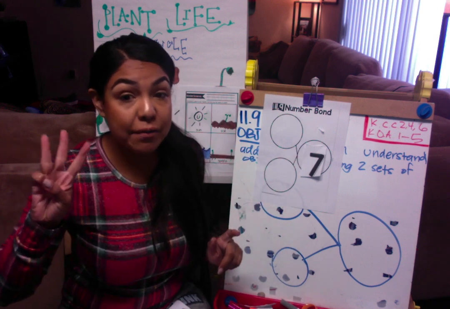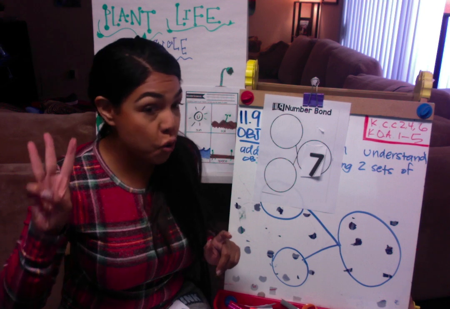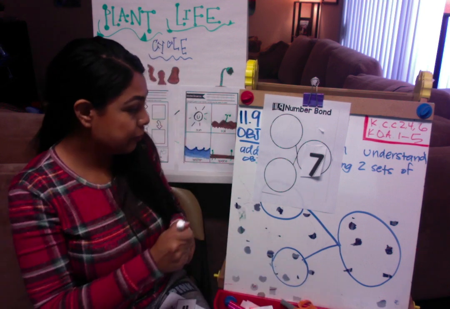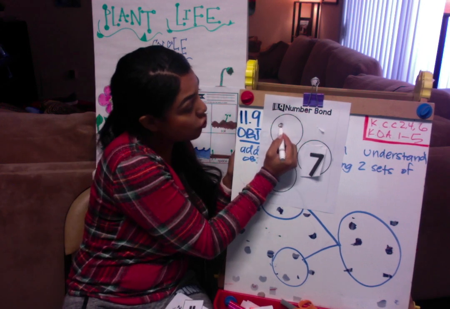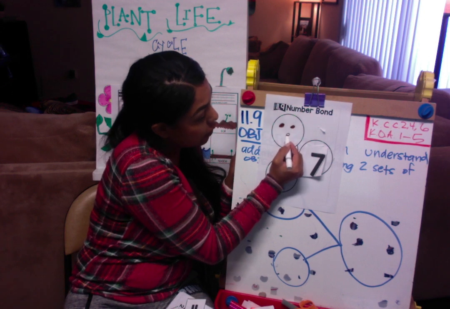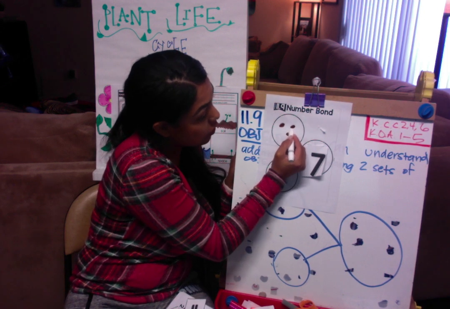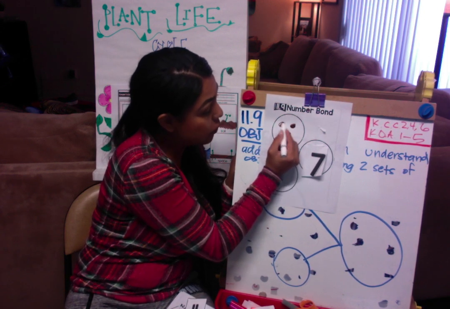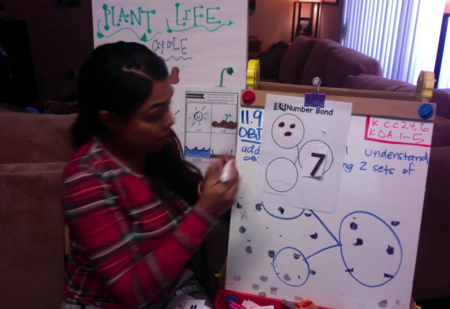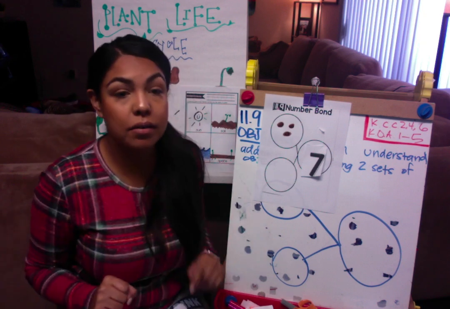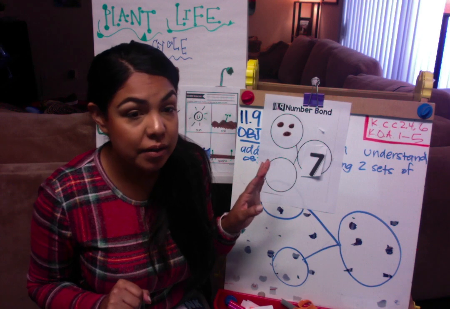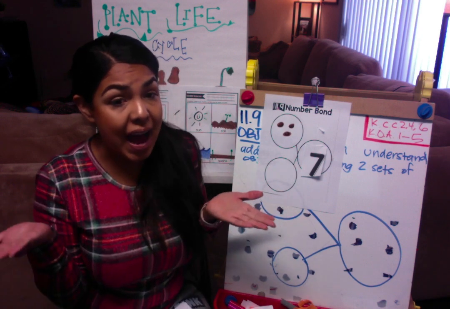So if I know I have 3 that were brown, I'm going to use my marker and draw 3 circles because I know that I have how many brown cats? Good. I had 3 brown cats. Very good.